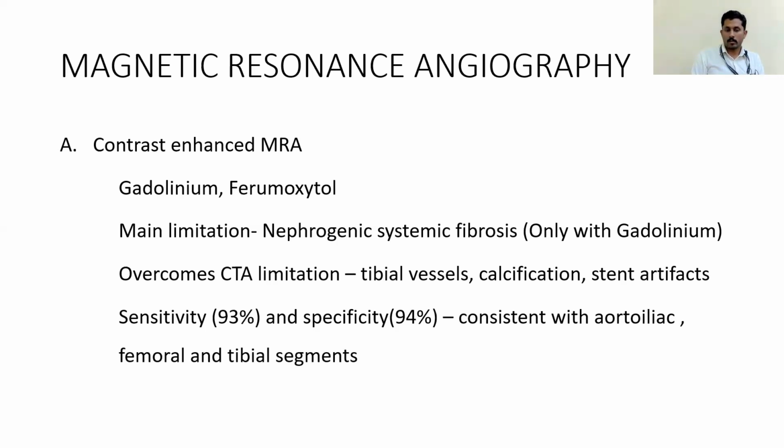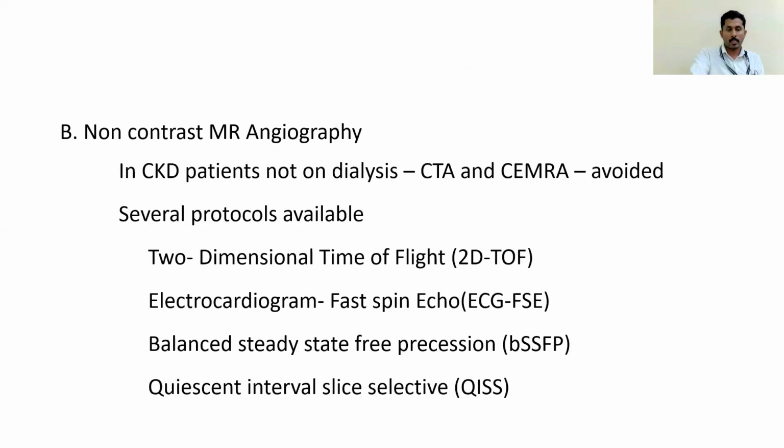The similar scenario in MRI, it can cause diffuse fibrosis. So it's a good modality for tibial vessels, for the calcification and stent artifacts. All this will be picked up with the MRI. Sensitivity is around 93% and specificity 94% for femoral segments.